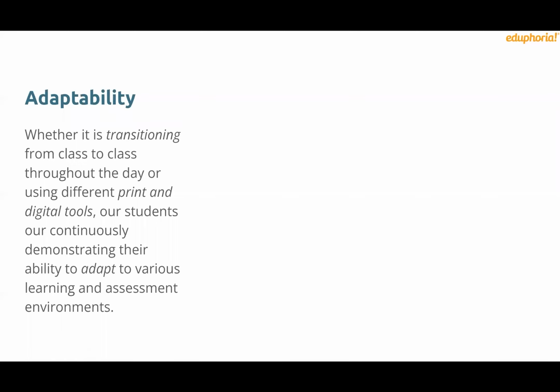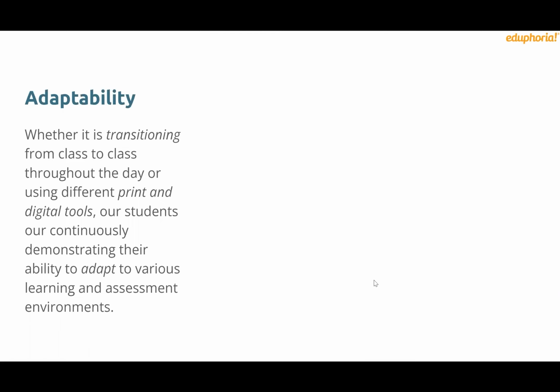Okay, so the first thing we would like to recognize and celebrate in our students is that they are very adaptable beings. They show us day in and day out that they have very flexible brains and they are able to transition between different tools. They're transitioning from class to class throughout the day, depending on your campus structure and the grade level of your students.